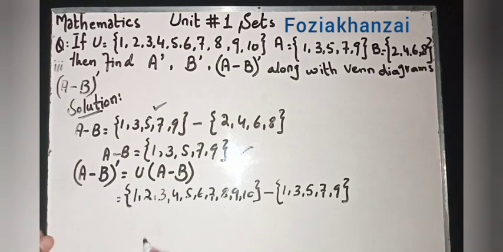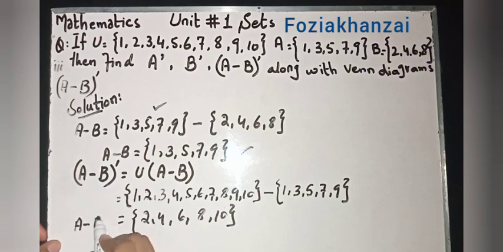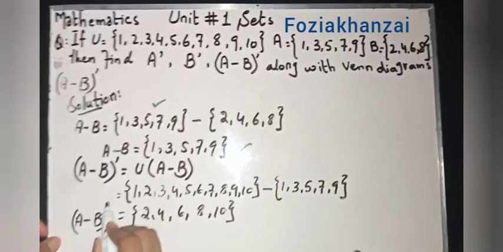Apply same method, cut the same elements, remaining elements of set U. 1, 3, 5, 7, 9 we cut. After cut, 2, 4, 6, 8, 10 would be the answer of A difference B whole complement.